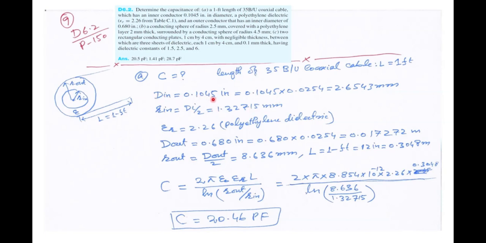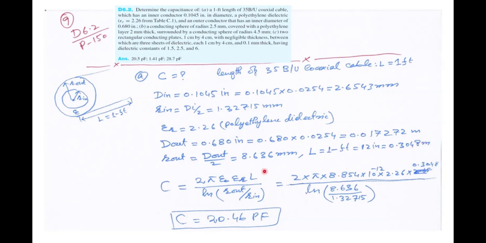So first convert the inches into meter, then define the inner radius, that is divide the inner conductor diameter by 2. We obtain the radius of the inner conductor, and then we can define the radius of the outer conductor using this relation, and convert 1 foot into meter, which is equal to 0.3048 meter.